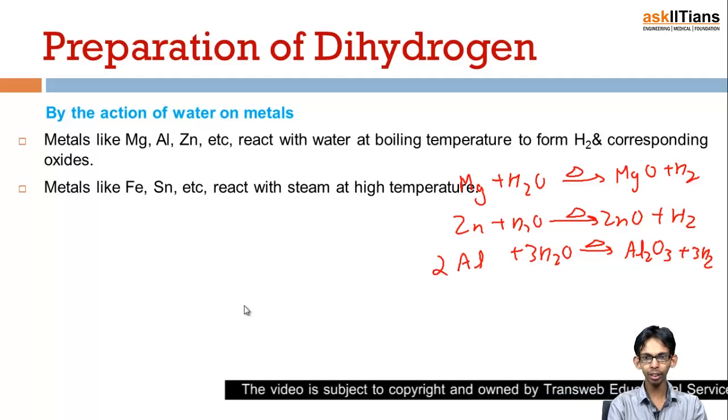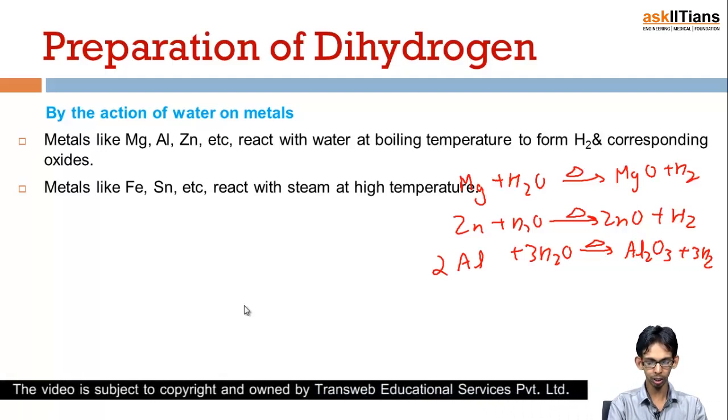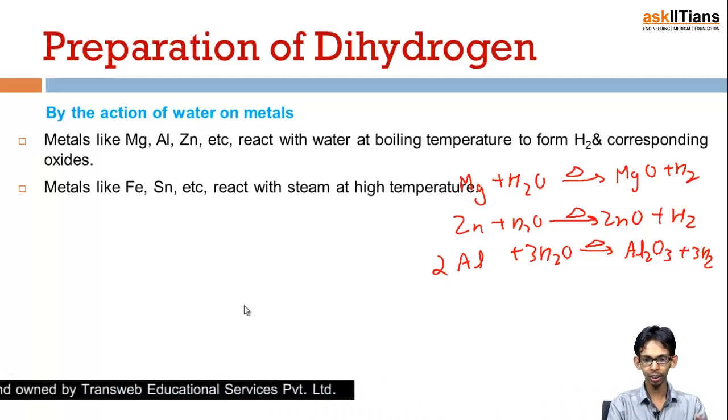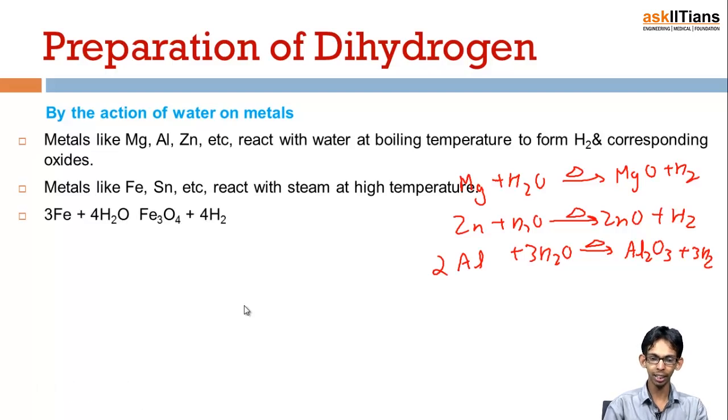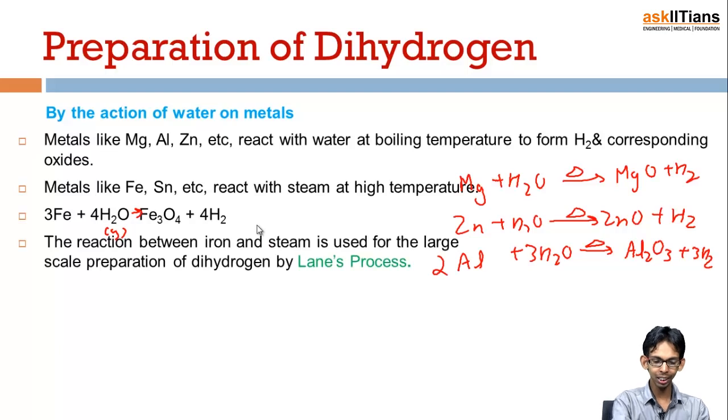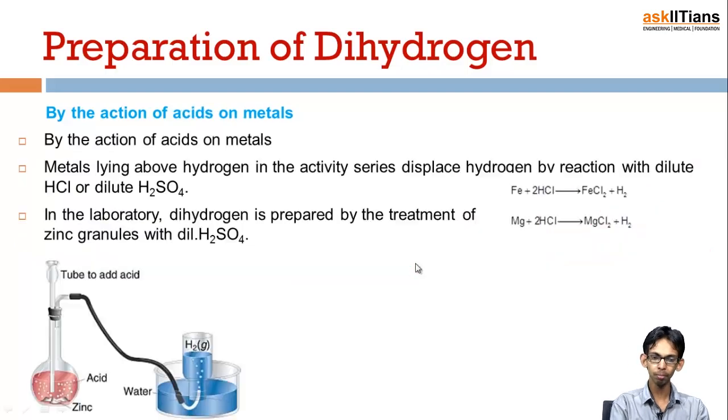That means they are so unreactive that they do not even react with boiling water, but they react with steam. Iron reacts with gaseous water or steam to form iron oxide, and this process of reaction of iron and steam is known as Lane's process.